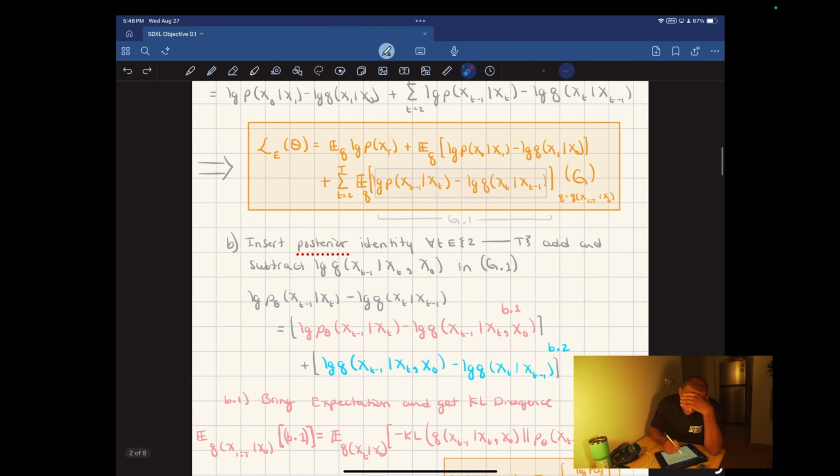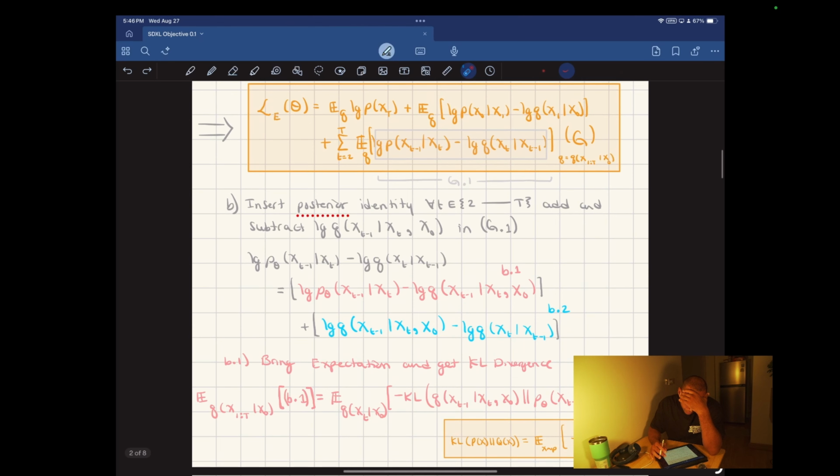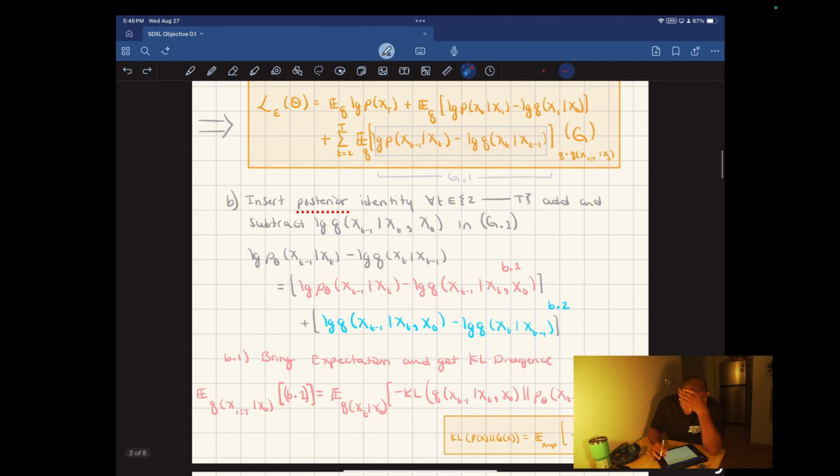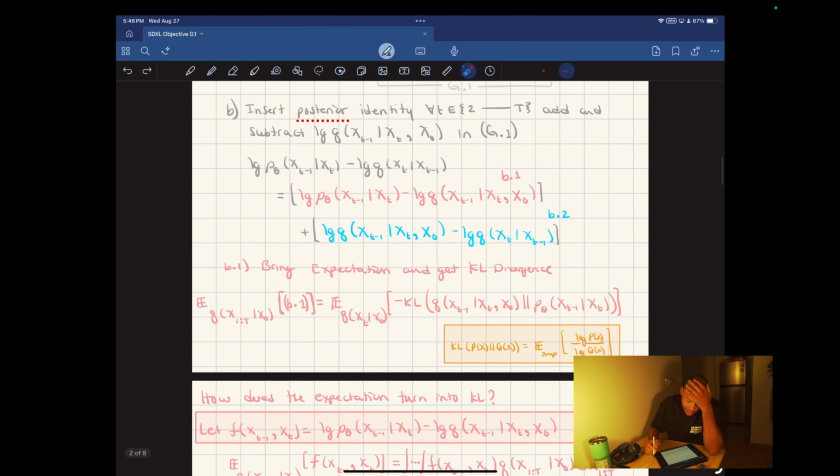Okay, so now we're going to look at G.1, this little piece right here. So this is this right here. Now I'm going to insert a posterior identity. So this is the posterior, and I just call it an identity because I'm adding it and subtracting it, right?